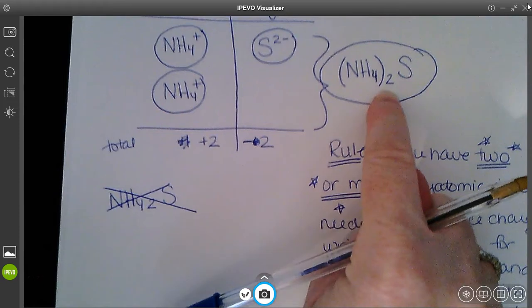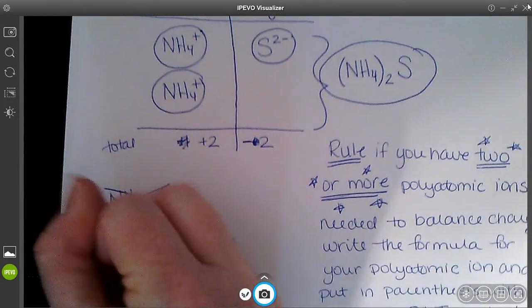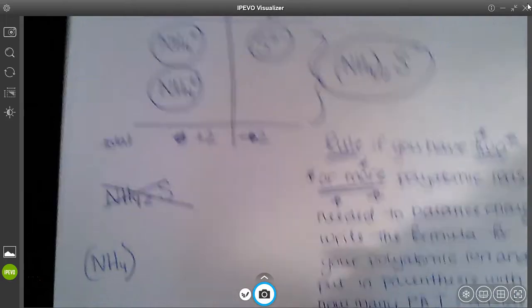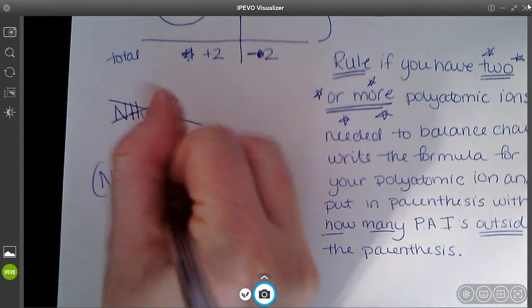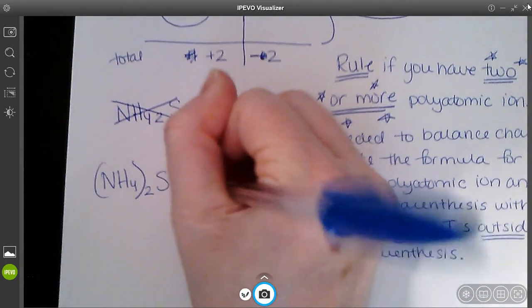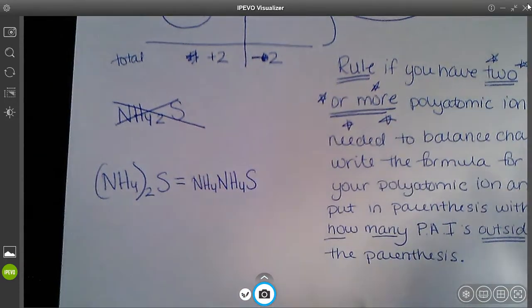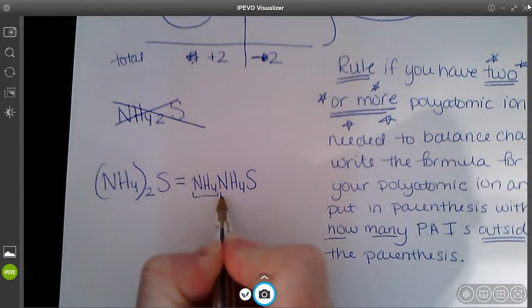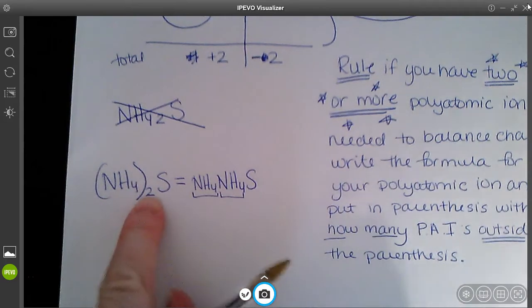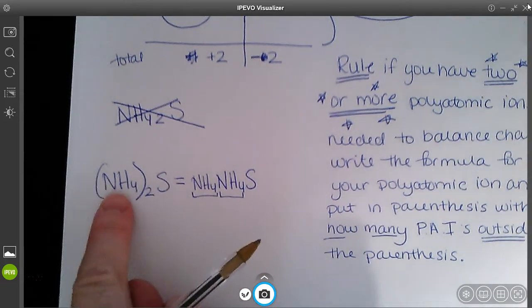What this 2 does is it distributes into it. So if I have NH4 in parentheses, 2, what this means is NH4, NH4, S. So see how I have two groups of ammonium because there's a 2 outside the parentheses. That tells me everything inside the parentheses, I have 2 of them.